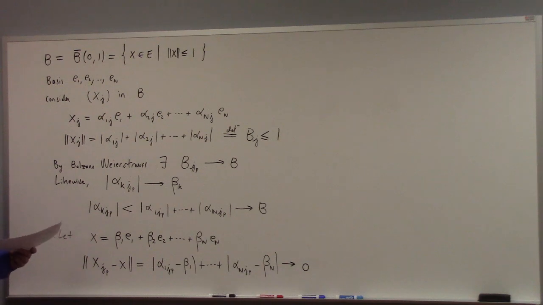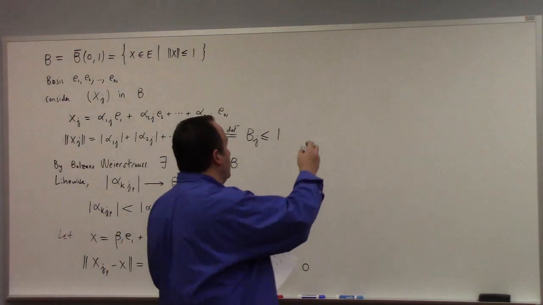And as we proved, all norms in a finite dimensional context are equivalent, so convergence in this one norm suffices. And the only thing that's left in terms of this proof is, what is the only thing left I have to show? Well, it needs to be in the unit ball. Right, I need to show x is in the unit ball. Can you guys tell me why x is in the unit ball?